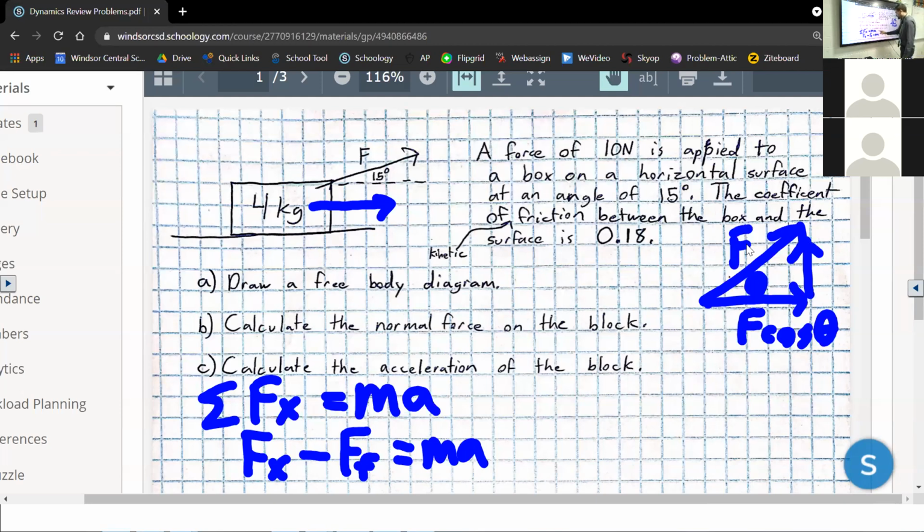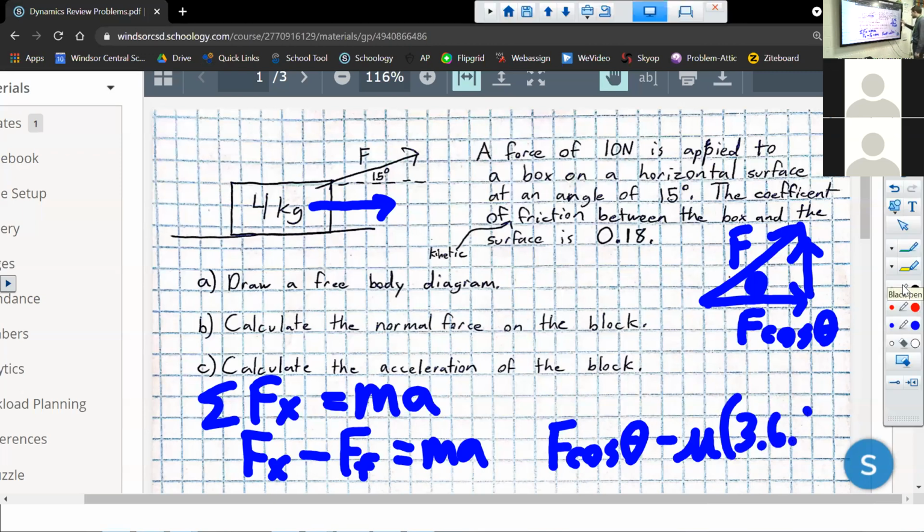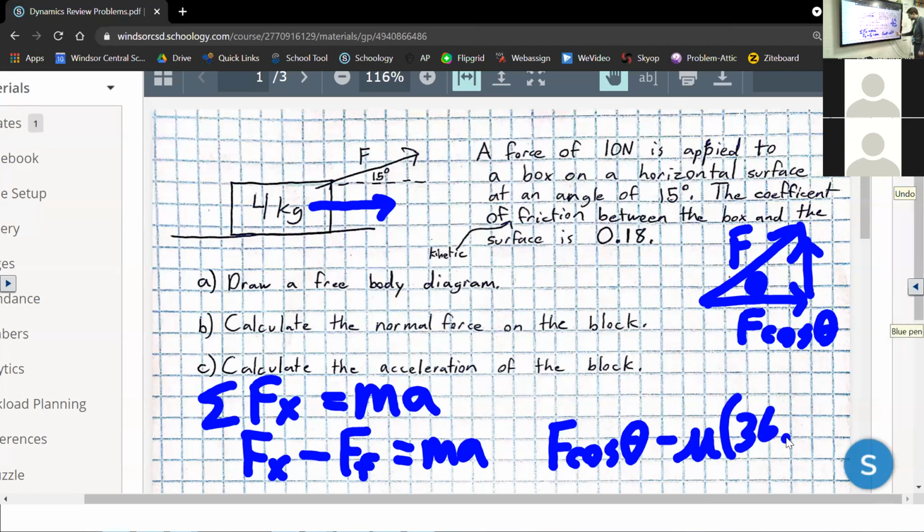So this is going to turn into F cosine of theta minus mu, which I gave you in the problem, times the normal force, which we had last time, 36.6 newtons. That should be equal to m times a.